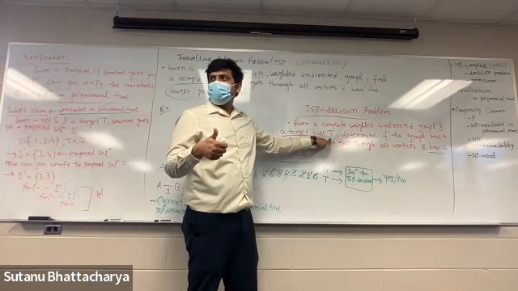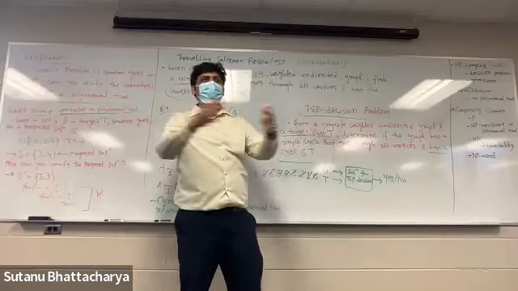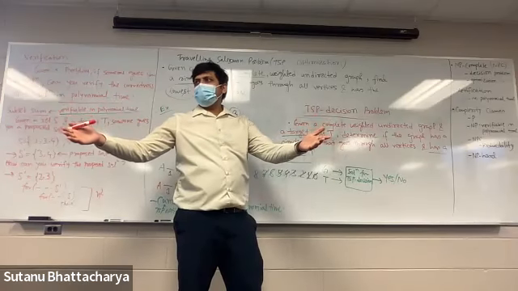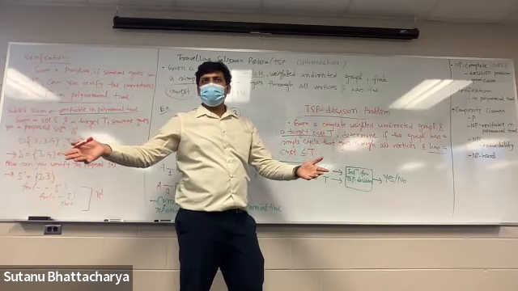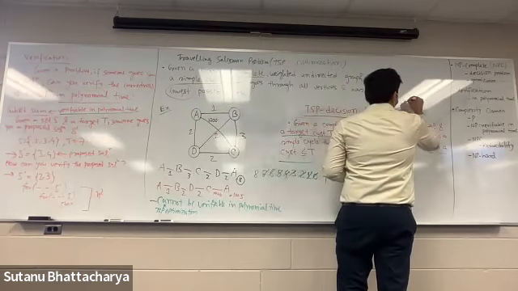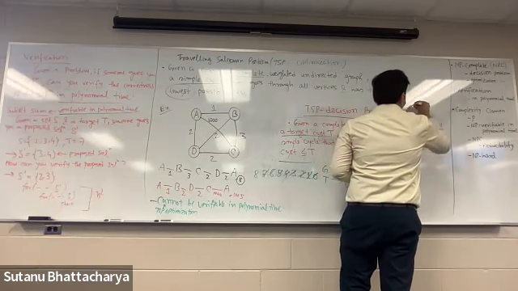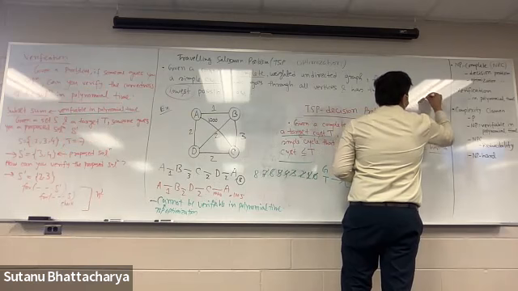Is it possible? Yes, very easy. In polynomial time, just sum up all edge costs. That should be less than or equal to t. So the TSP decision problem is verifiable in polynomial time.